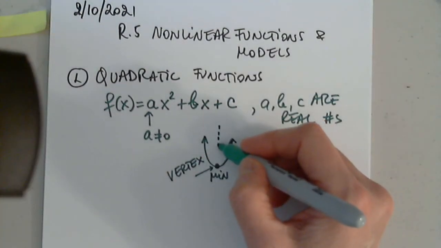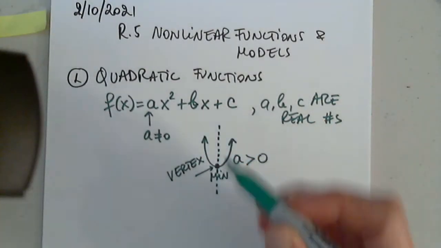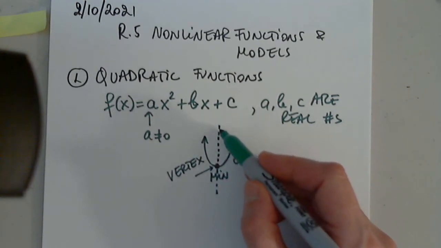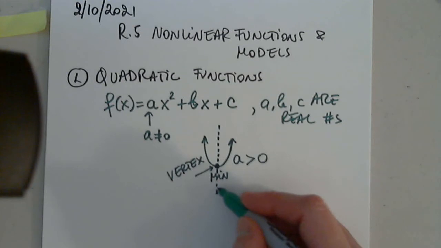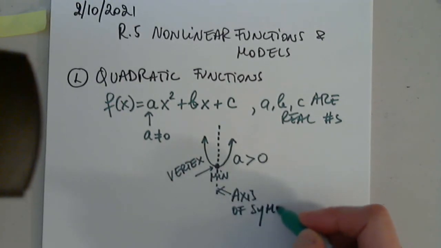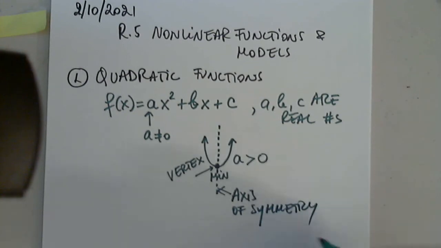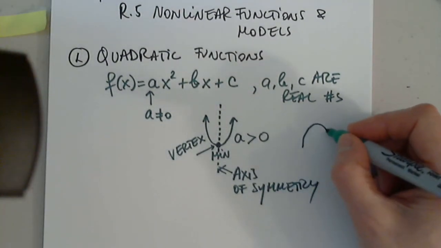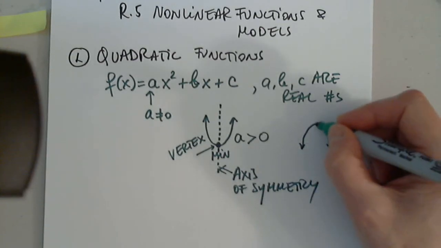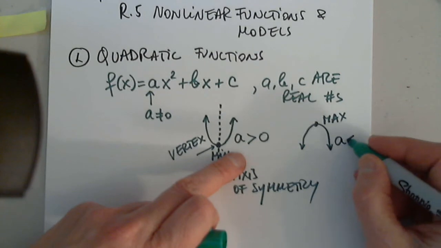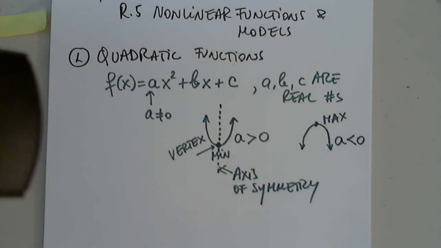And it also has an axis of symmetry because this piece is symmetric to this piece with respect to the axis of symmetry. Same thing with the other possible shape, with a maximum. Everything the same, but the leading coefficient is a negative number this time.